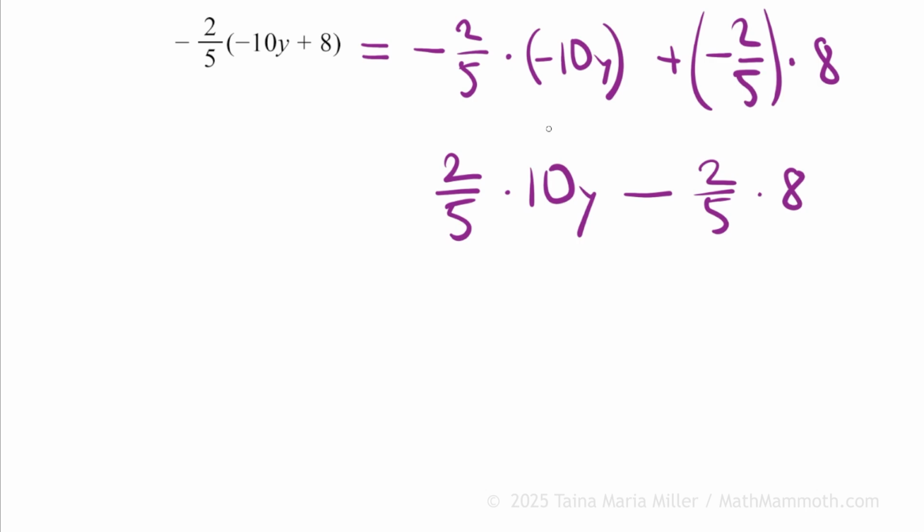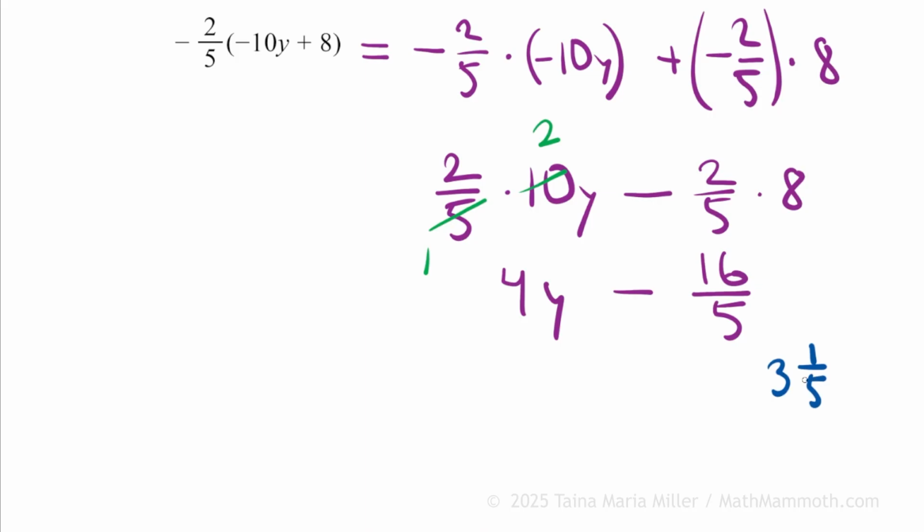The other way would be to cancel like this. Again, leaving 4. Here, 2 times 8 is 16 over 5. And that doesn't simplify. Well, you could say that I could write this as a mixed number. That is true. You could write it as 3 1/5.